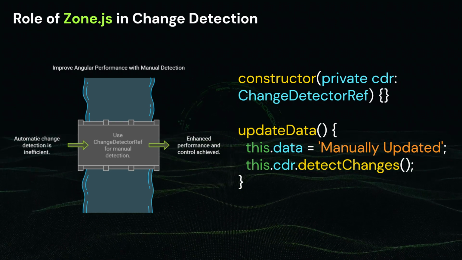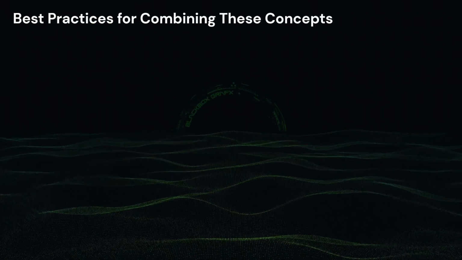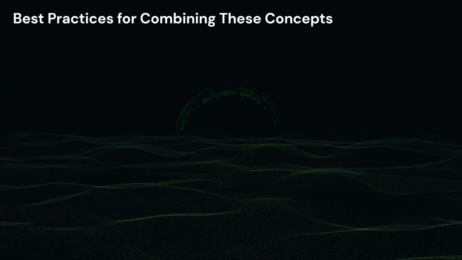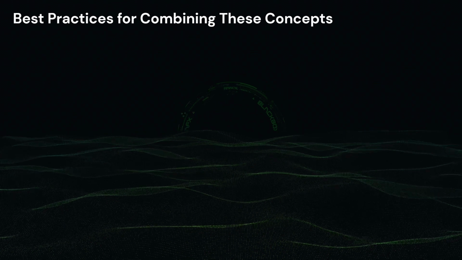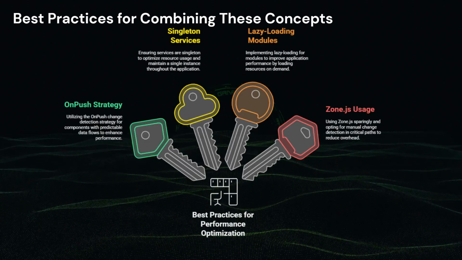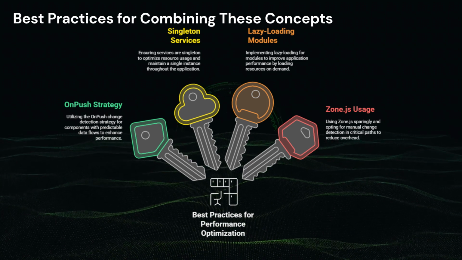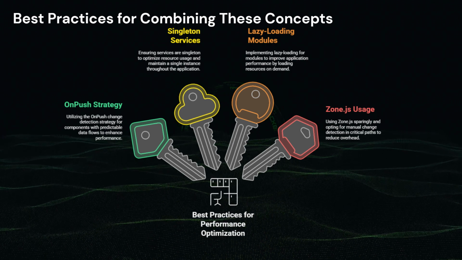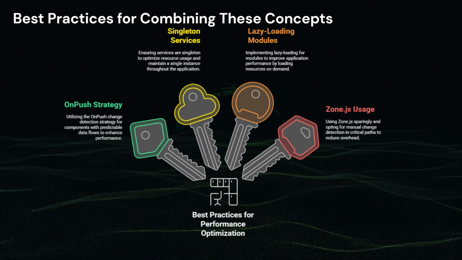What are the best practices for combining these concepts? Here are some best practices to keep in mind. First, use OnPush for components with predictable data flow. Second, optimize services by ensuring they are singletons when possible.